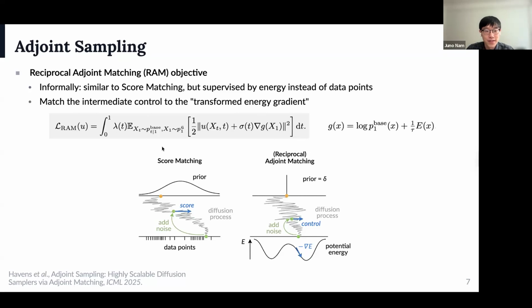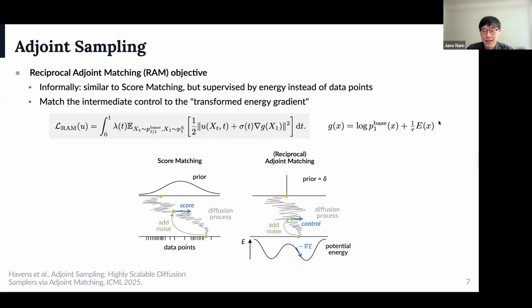First, we use the current control model to integrate the diffusion process to get the final samples x1. And now we add noise to the final sample to get intermediate data points. And at that intermediate data point, we will regress the control model against some form of transformed energy gradient that is based on the reward function that we had before.